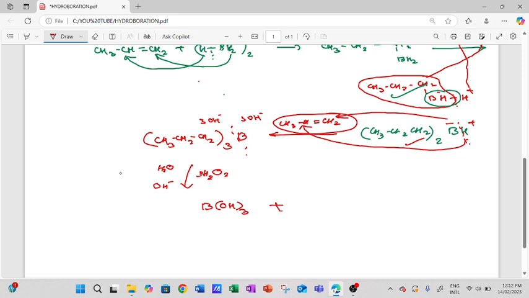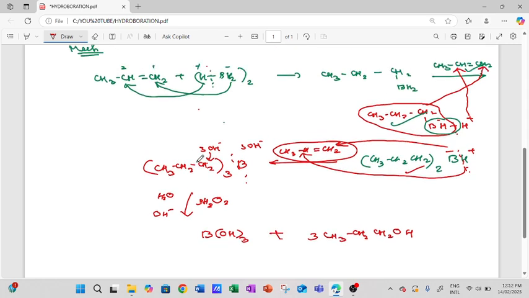Plus the OH minus ion is added to the last carbon, giving CH3, CH2, CH2, OH. It is propanol, and it is thrice, so we can write 3 molecules of propanol. This is how we get propanol from propene by following anti-Markovnikov's rule. This reaction is called hydroboration oxidation.